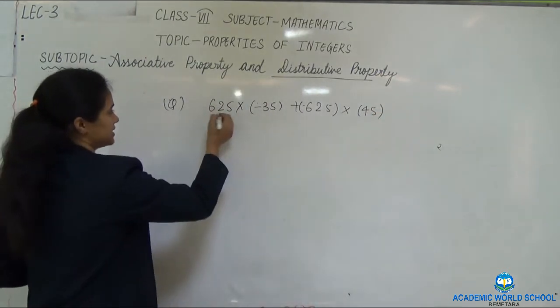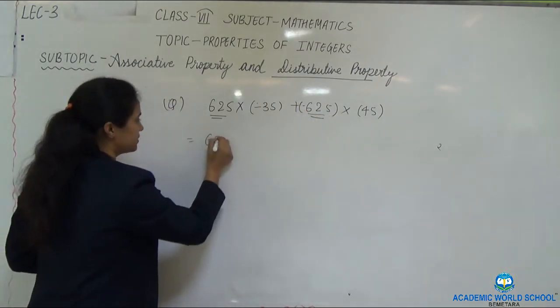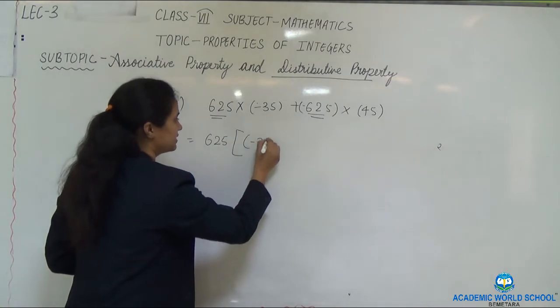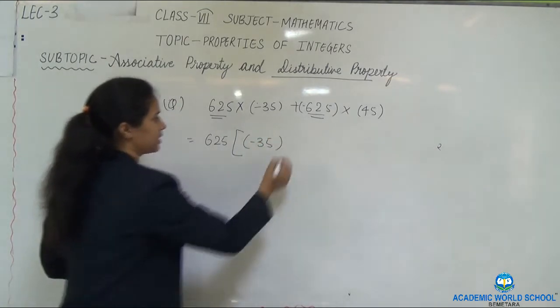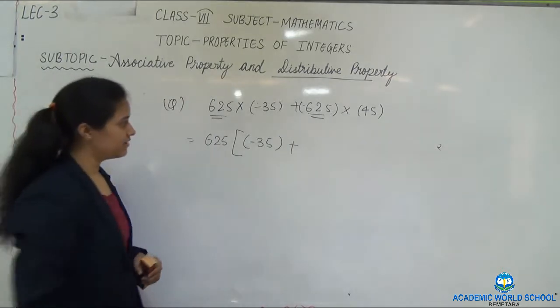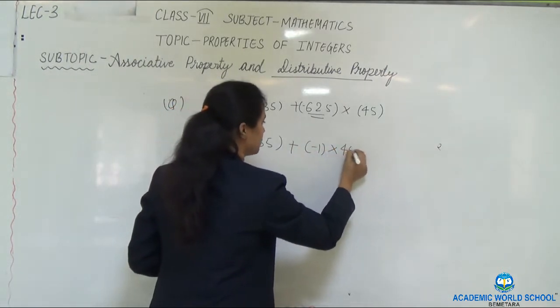Again, in both the cases, 625 is common. So 625 I have taken common. Minus 35 is left over here. Plus, now I have taken only 625 common. What is left? Minus 1 into 45.